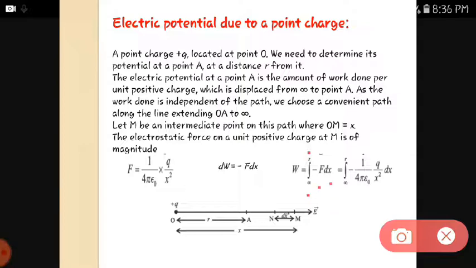Taking out the negative sign, instead of F I write this term. Again, as we have seen in an earlier lecture, 1 divided by 4 pi epsilon 0 and q are constants, and the integration of x raised to minus 2 will be minus 1 by x.